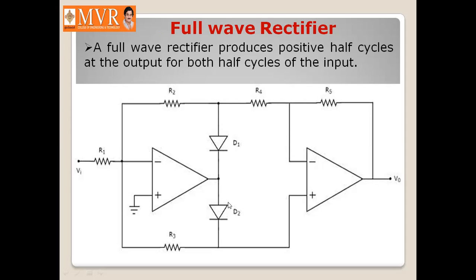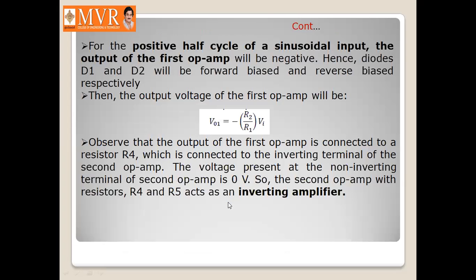And what happens when D1 is forward biased? When D1 is forward biased, the output voltage of the first op amp, V01, is equal to, as the first op amp is acting as an inverting amplifier, we have written the equation for the gain of the inverting amplifier, assuming the output of the first op amp as V01: V01 is equal to minus R2 by R1 into Vi.